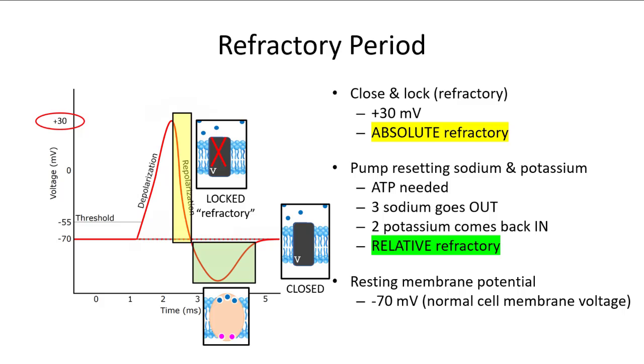Absolute means it will not reopen, but relative refractory means it can, but with a higher than -55 threshold. Then when you get back to -70 again and the rebalance has taken place, it can open at a normal phase and no longer is it in a refractory period.